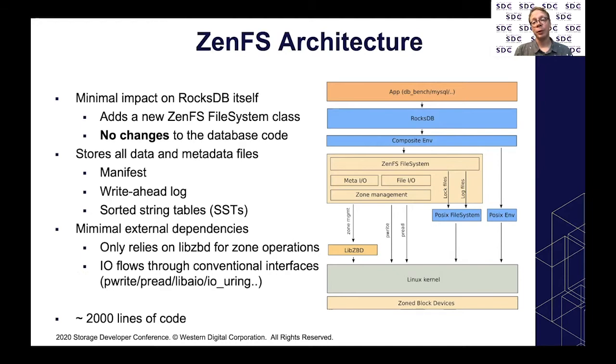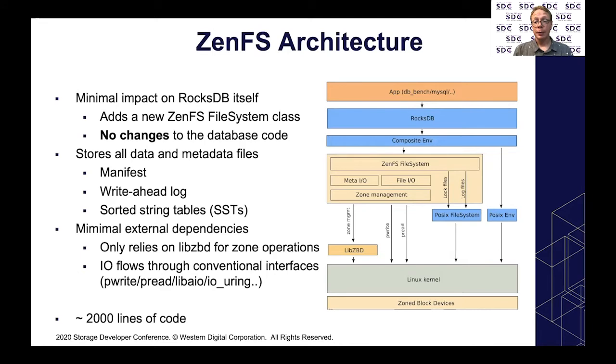Recently there's been a change that allows just the file system part being swapped out in one of those environments. So what we do in ZenFS is that we replace the file system part of that POSIX environment and let the composite env put that together in an environment that RocksDB can use for reading, writing, and doing all the OS specific parts.